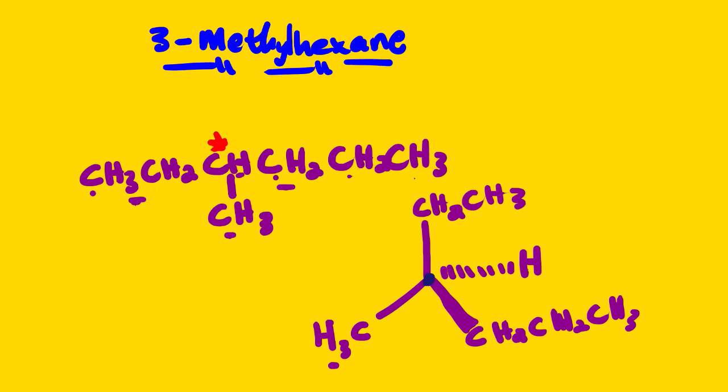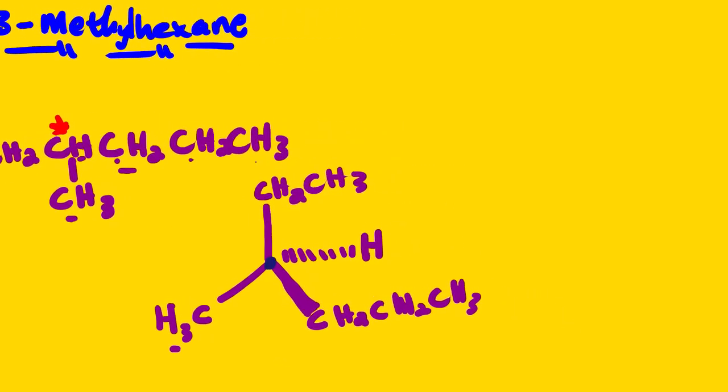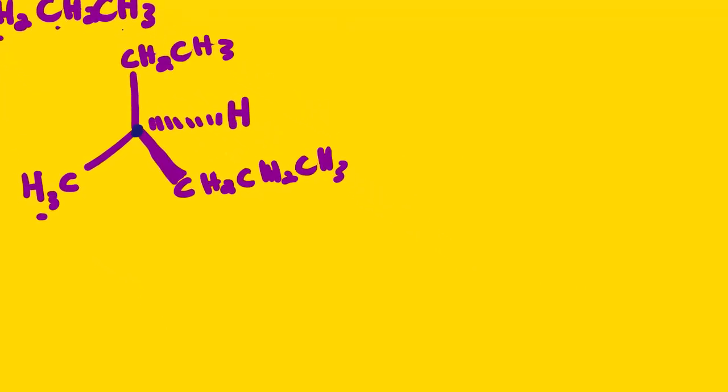It is easy. Now let's say we want to draw a mirror image of this particular structure. It is very important for you to know how to draw the mirror image, or to identify it. Let us say we put a mirror here. If we put a mirror here, we are going to have something like this.